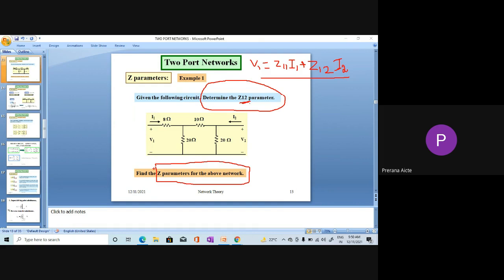We can obtain the same Z12 value by different methods, but ultimately we get the same answer. In this class, we are taking the Z two-port network parameter equations directly into consideration while solving this particular question.